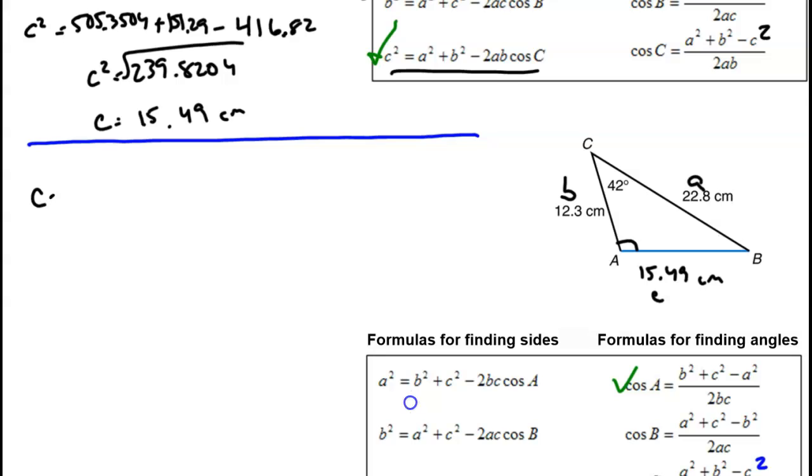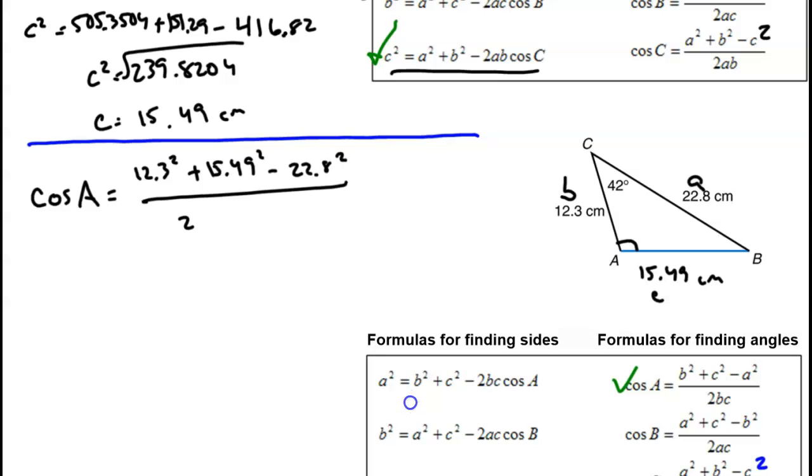Cosine A equals B, 12.3 squared plus C squared, which we now know, 15.49 squared, minus A squared, which is 22.8 squared, over 2 times B, 12.3, times C, which is 15.49.